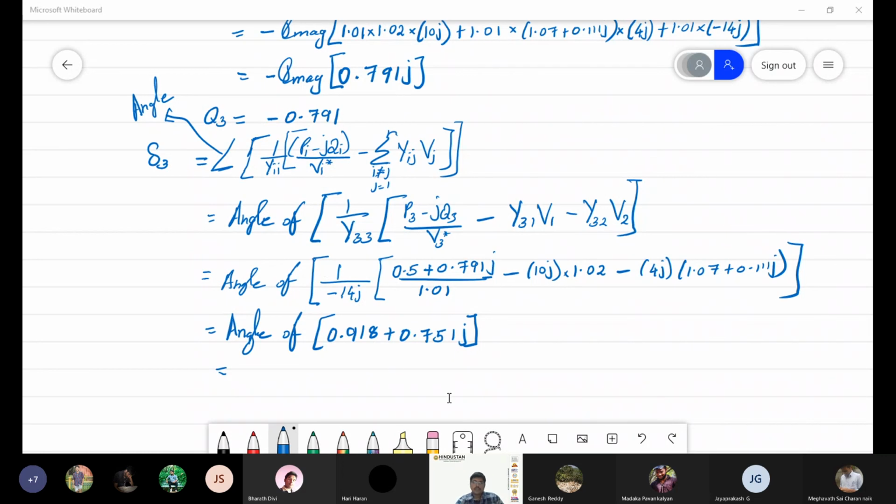So we'll get 1.18 angle 39 degrees. I hope you will get that.